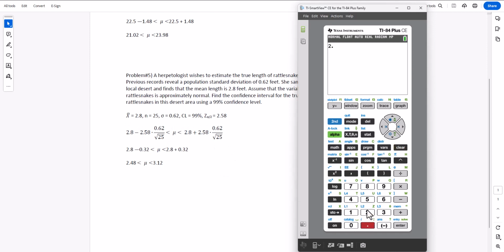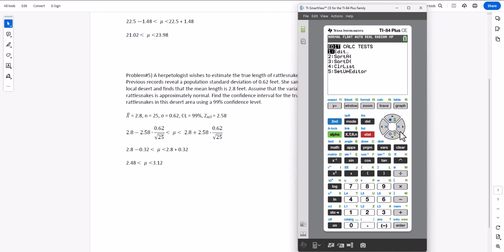We type 2.8 minus the Z value, 2.58, times 0.62 divided by the square root of 25. Left endpoint 2.48. We just go back, select the formula, change the minus to a plus, to get 3.12.